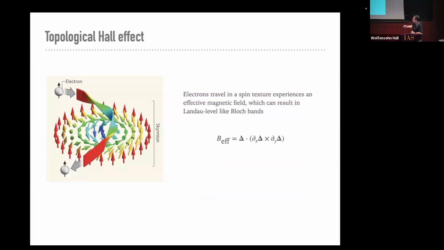When you have an electron moving in a spin texture, it will experience a Berry phase, which is given by the solid angle spanned, this S1 dot S2 cross S3 type. So basically, if you look at twisted transition metal dichalcogenides, one intuitive way to understand it is just to think about electrons moving in a spin texture. And so it's no wonder that the band structure can have some kind of non-trivial topology.